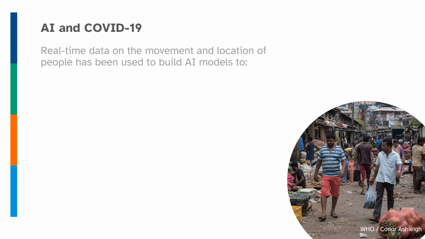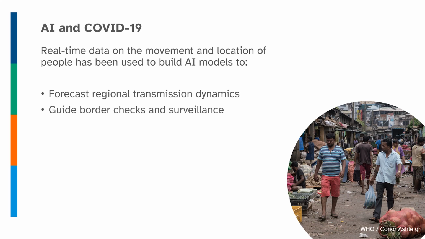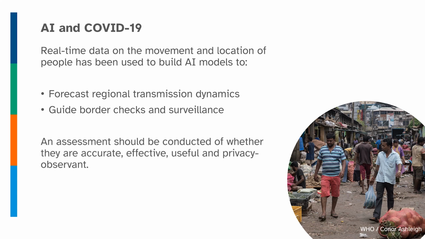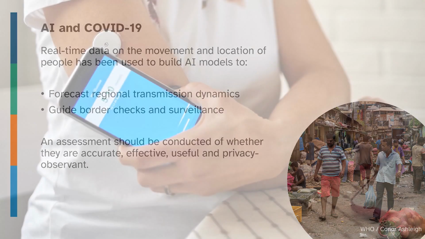In some countries, real-time data on the movement and location of people has been used to build AI models to forecast regional transmission dynamics and guide border checks and surveillance. In order to determine how such applications should be used, an assessment should be conducted of whether they are accurate, effective, useful, and privacy observant.